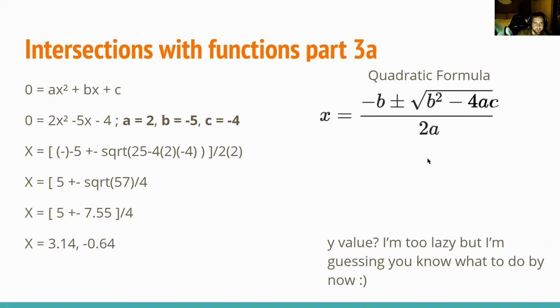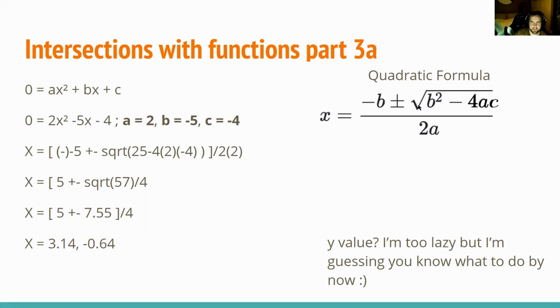Using the quadratic formula, we have x is equal to negative times -5, because -5 was our b value, right? So that becomes positive 5 after we simplify that.